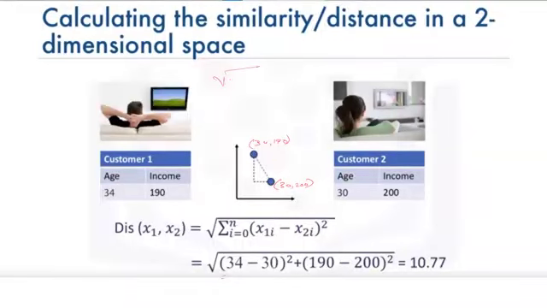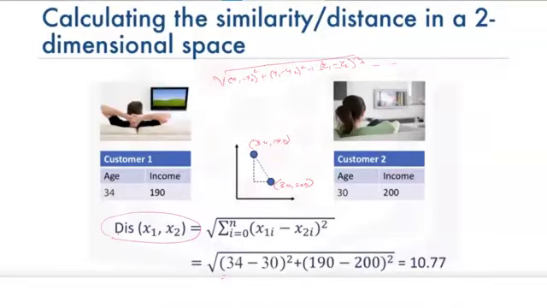It is denoted as x1 minus x2 squared, plus y1 minus y2 squared. If you are dealing with n dimensions, then you will have n terms. For example, with 3 dimensions, you will have z1 minus z2 whole squared. Like that, you can add as many dimensions as possible. With this method, I will find the distance.